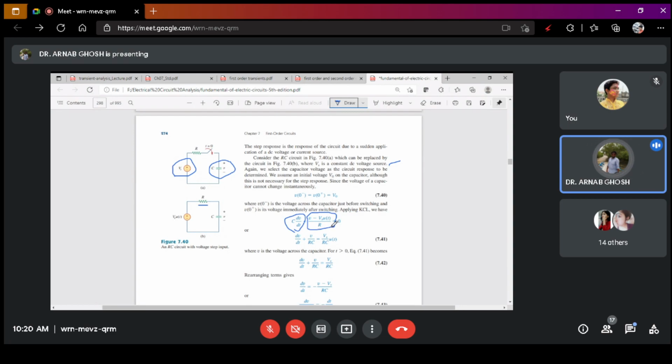So the capacitor current will be C dV by dt and the resistance current will be small v minus capital Vs divided by R. Right?